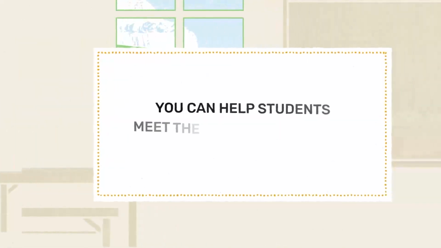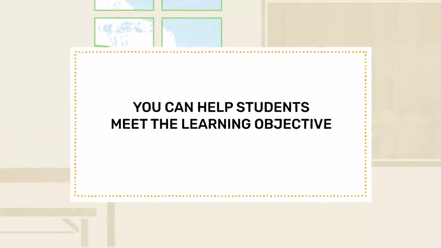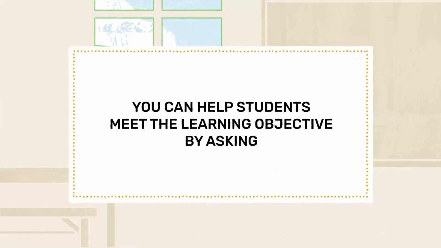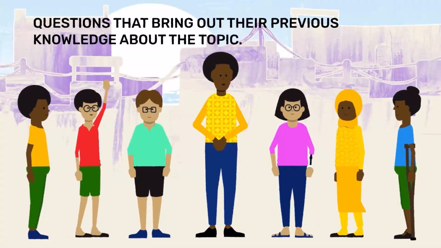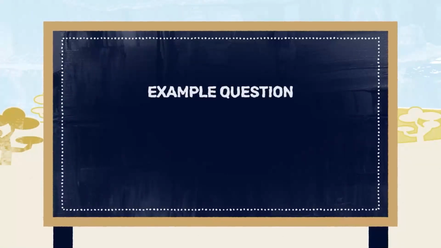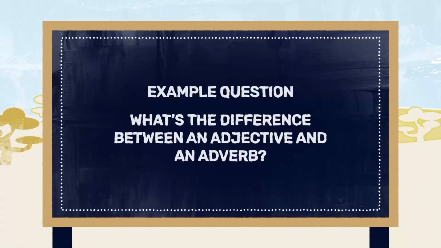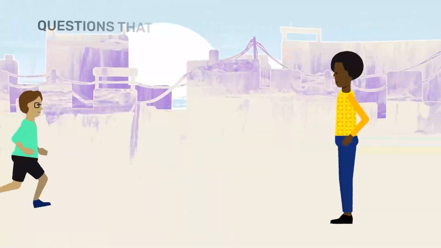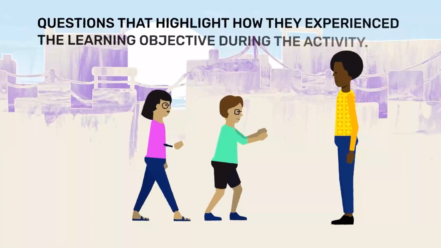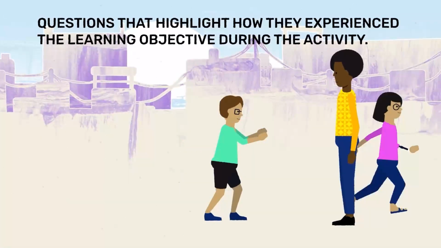In your lesson, you can help students meet the learning objective by asking questions that bring out their previous knowledge about the topic. For example, what's the difference between an adjective and an adverb? Questions that highlight how they experienced the learning objective during the activity.